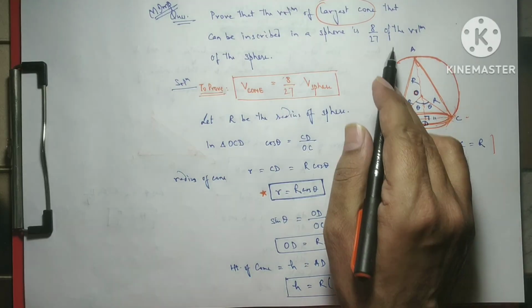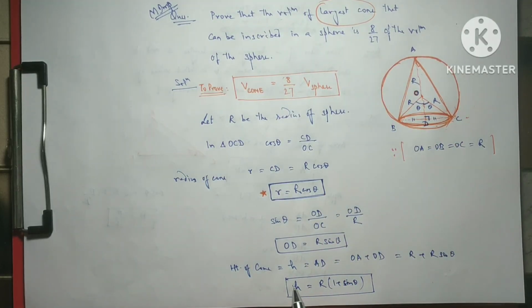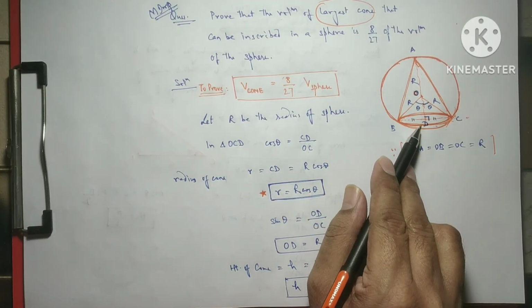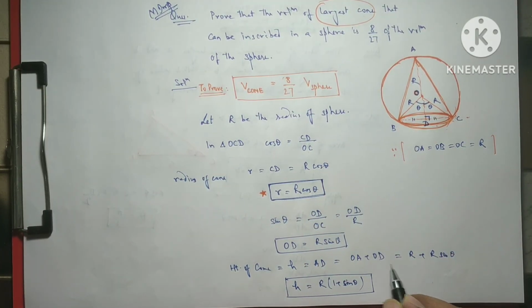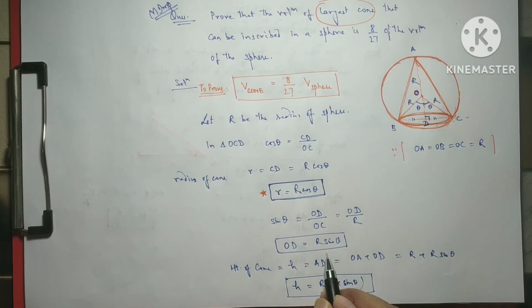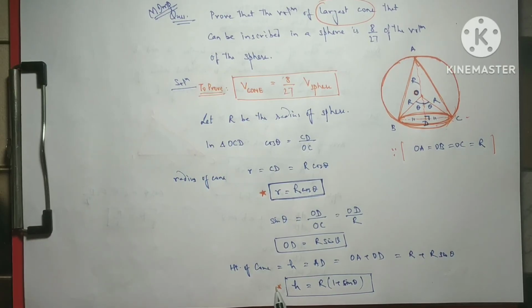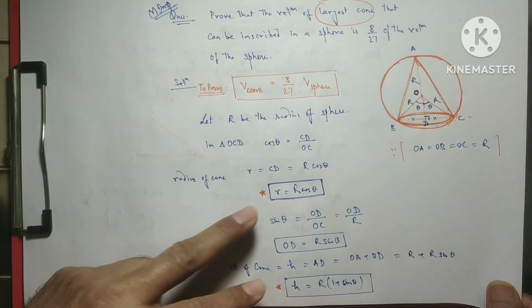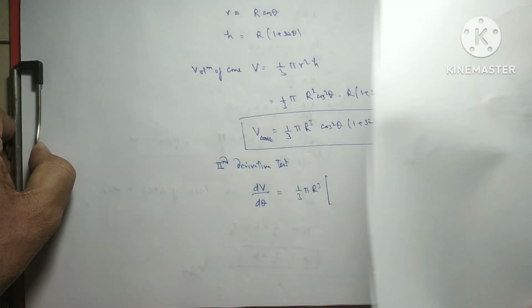According to this, the height AD is OA plus OD. So we will add OA and OD. So it is R, this OA is R, plus R sin theta. So the height of the cone is R into 1 plus sin theta. Clear?